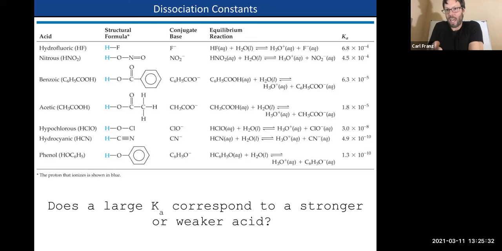So what's happening to the Ka? It's getting smaller. So as the strength of the acid goes down, the Ka goes down. So a large Ka will correspond to a stronger acid.